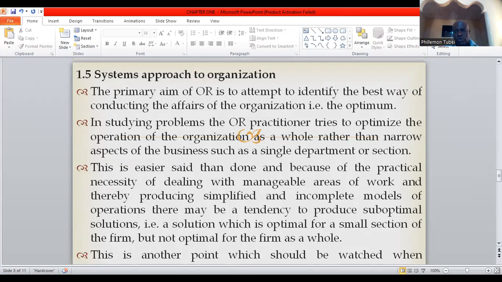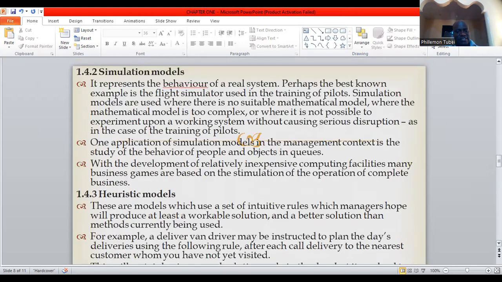Let us move to heuristic models. These are models which use a set of intuitive rules which managers hope will produce at least a workable solution and a better solution than methods currently being used.